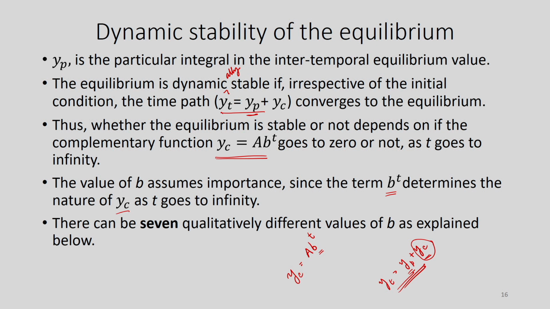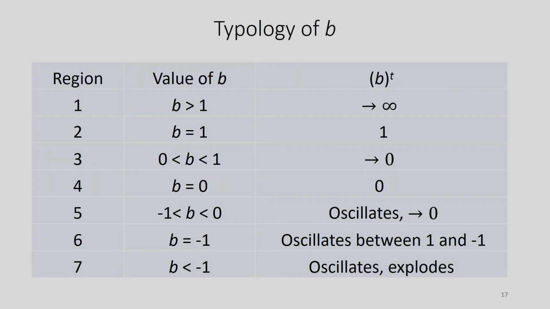Now, there can be several qualitatively different values of b as explained below. Okay. So, different types of b that can occur. So, this is called the typology of b. There can be 7 possible regions, from which b can take its value. I am just going to introduce this, and maybe we can discuss it in more detail in the next lecture.